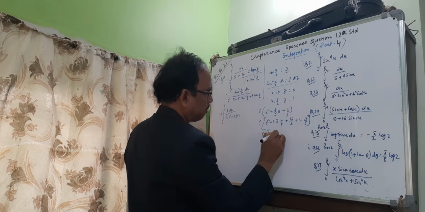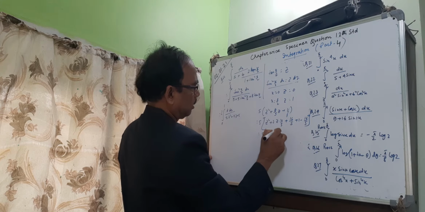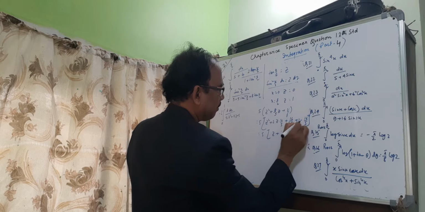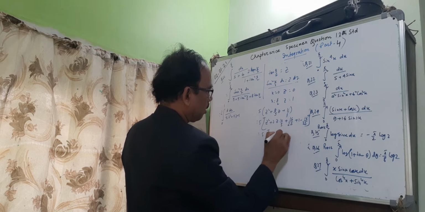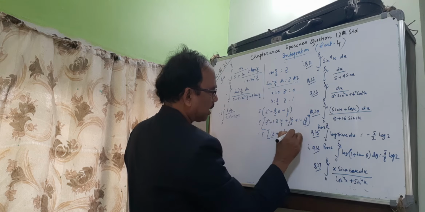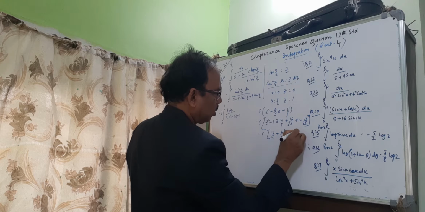That is z plus 4 by 5 whole square, plus 25 minus 16 over 25, that is 3 by 5 whole square.